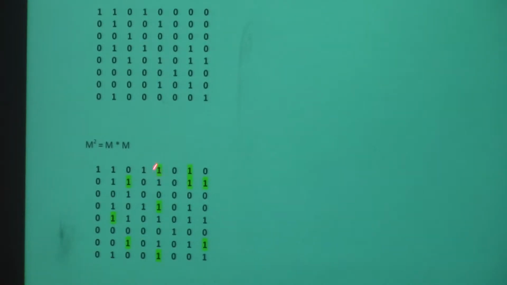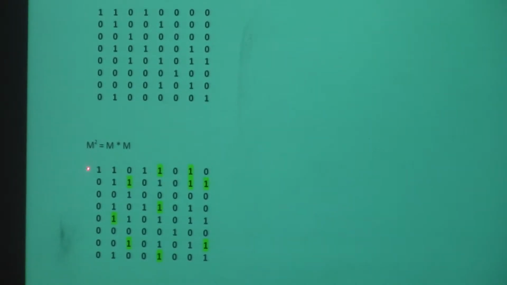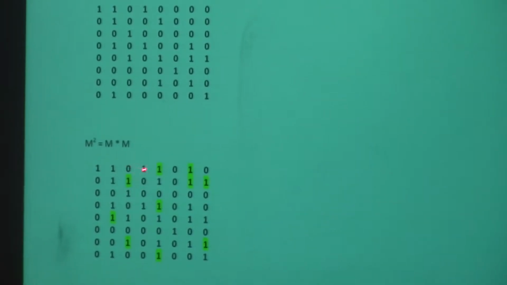Because this 1 is computed by Boolean multiplication of first row, fifth column. So we go here to here, 1 and 0, 1 and 1. Notice that's going to turn on a 1. So this with this is going to give me a 1.